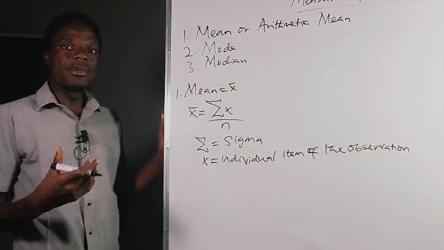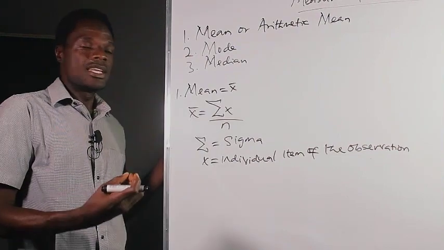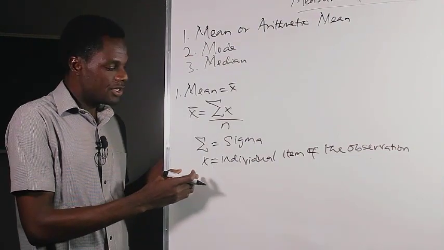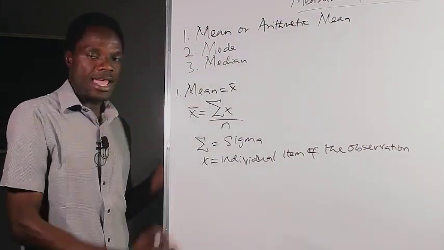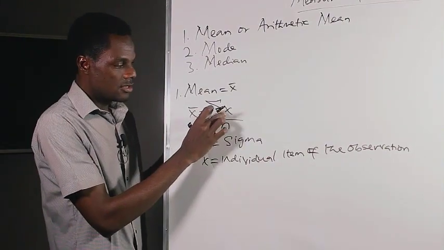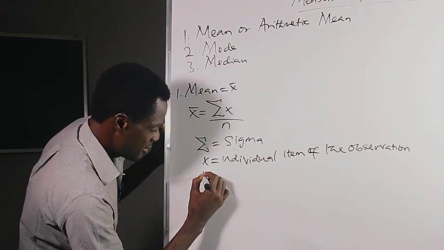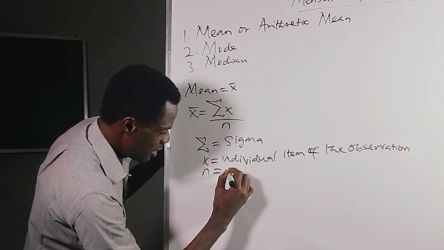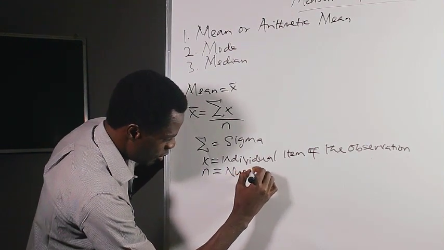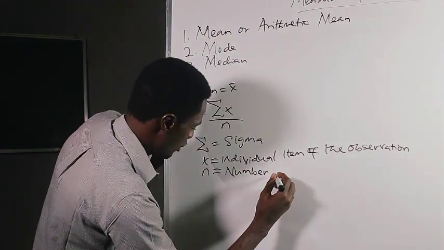So whenever we are given data, any item is represented by X. So we try to find the sum of all these X by having this symbol. Then N. This N means the number of items of the observation.